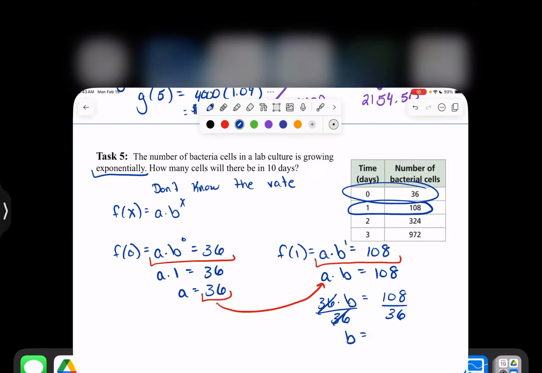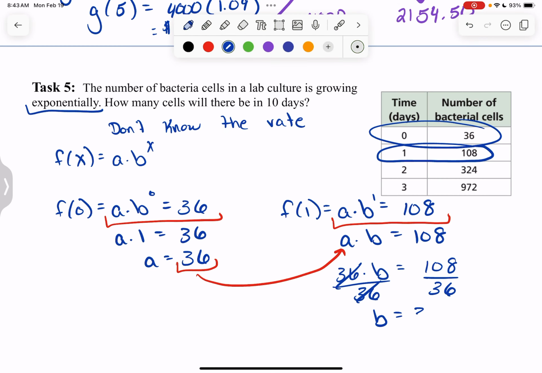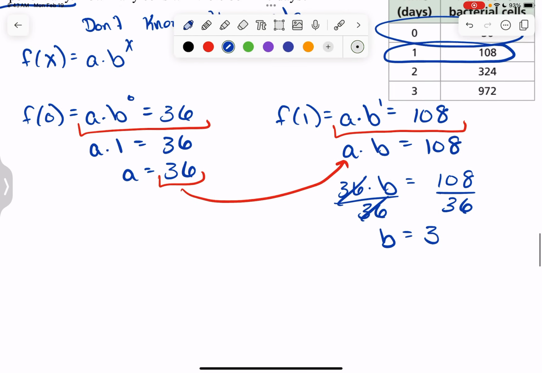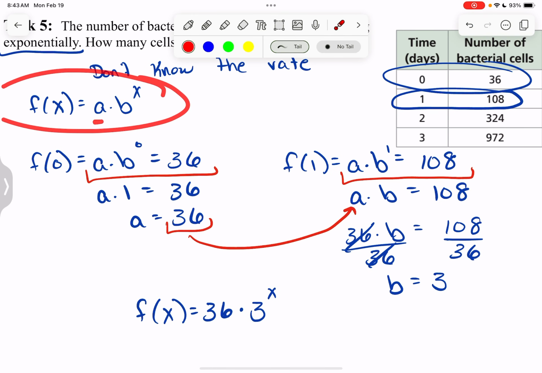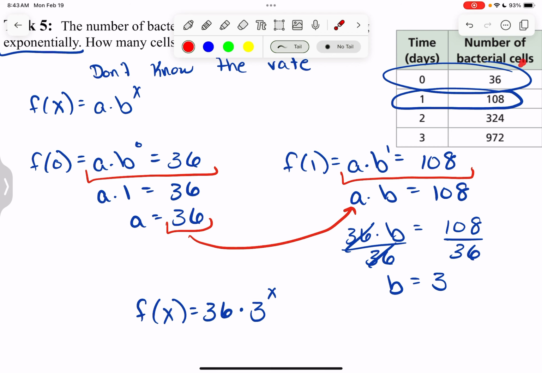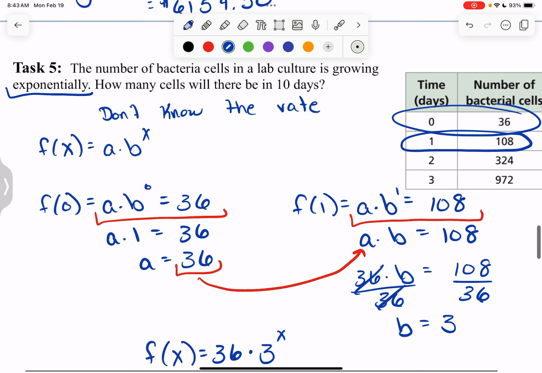My base is 108 divided by 36, which is 3. Hey, that's a nice number. My base is 3. So I now know a function for this. My f of x equals a, which is 36, times b, which is 3 to the x. Basically, I just needed to find what my a and my b were, which these ordered pairs helped me do. So there's my function, 36 times 3 to the x.